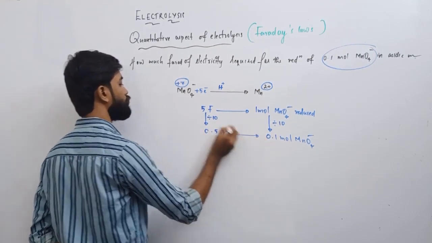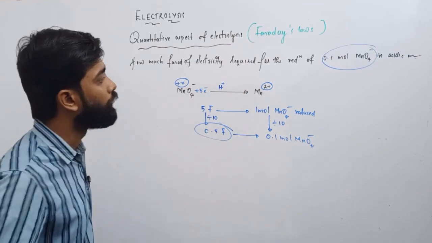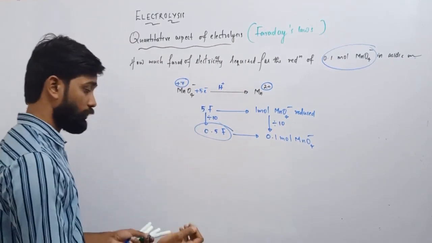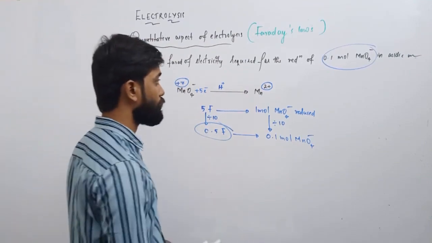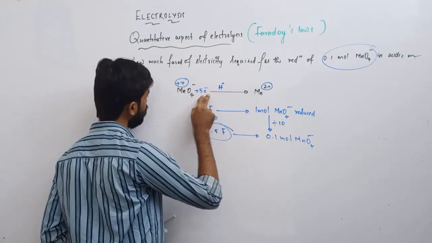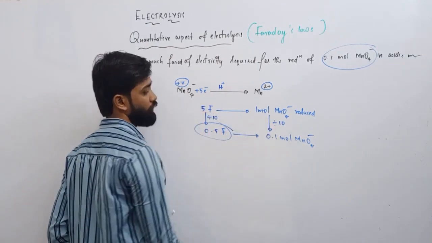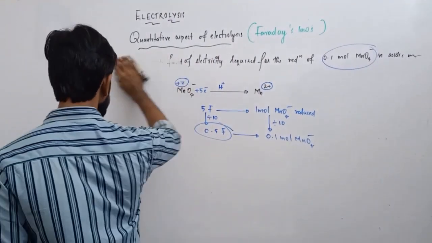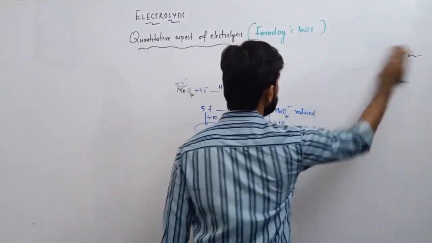So it is clear that 0.5 farad of current is required for the reduction of 0.1 mole MnO4 minus to Mn2 plus. The basic idea is that 5 electron involved, then 5 farad supplied, 1 mole changed. You have to keep that idea. Okay. This is one kind of question.